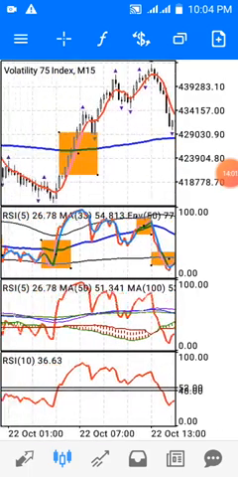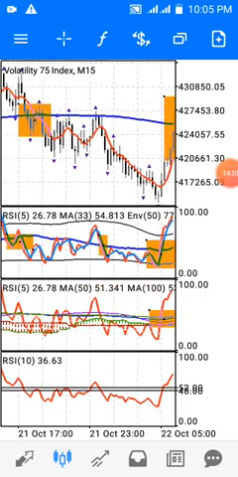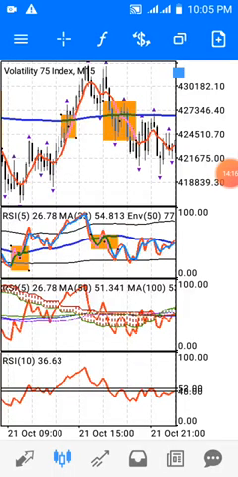When it moves above both the Ichimoku and the moving averages, like you have around here, you have your buy. When it moves below, you have your sell. When it moves above, like it moves above here, you have your buy somewhere around here.